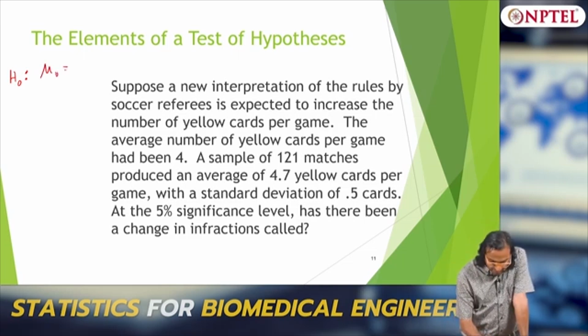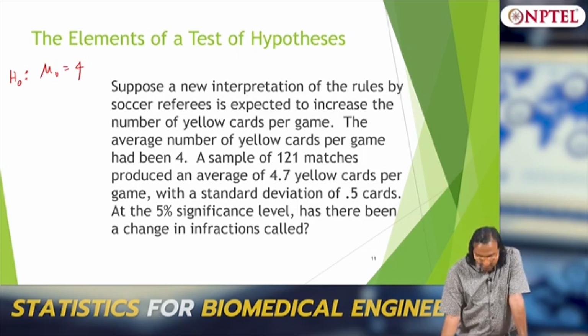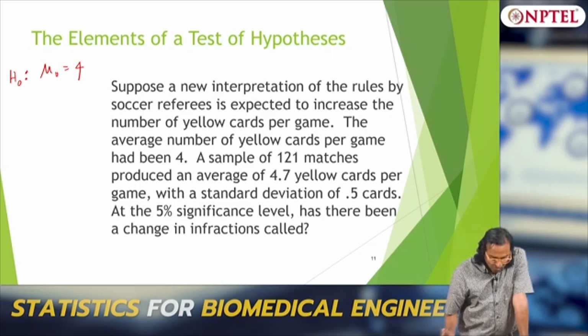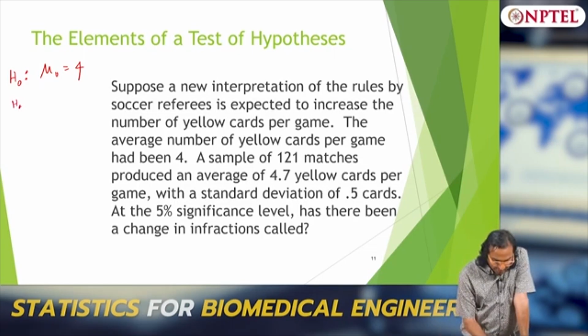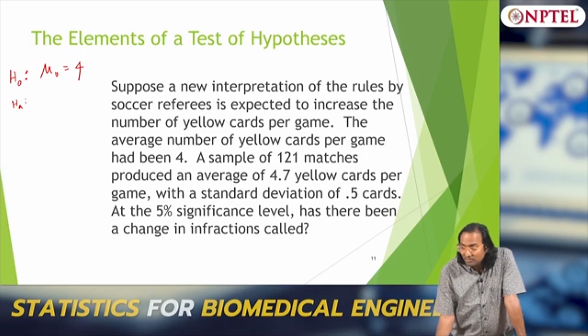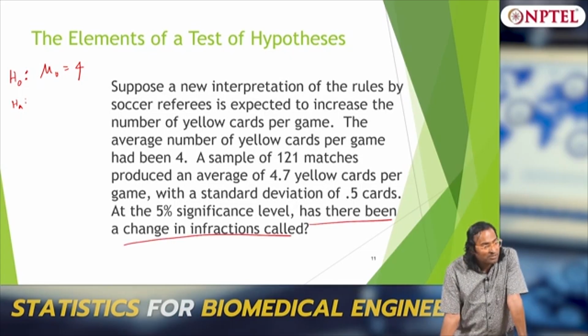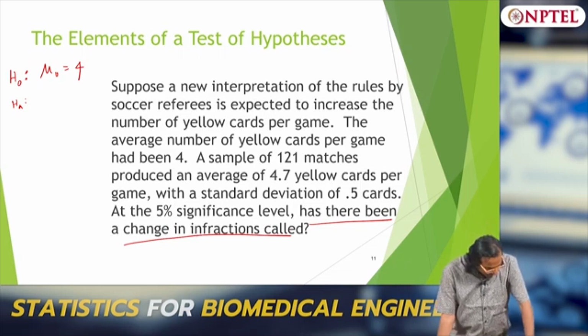Mu naught is 4, why 4.7? Mu naught is 4. What is my alternate hypothesis? Mu not equal to 4.7 is my alternate hypothesis. So is it a two sided or one sided hypothesis? It is a two sided hypothesis.